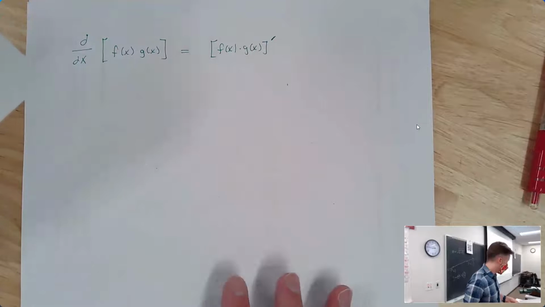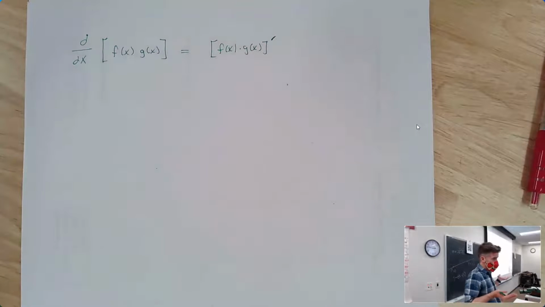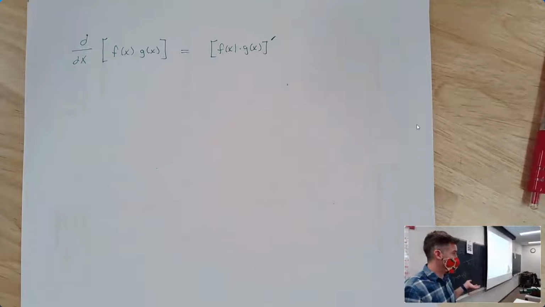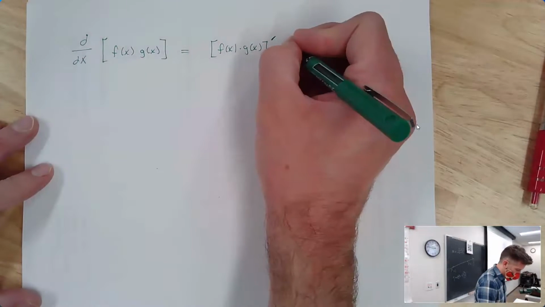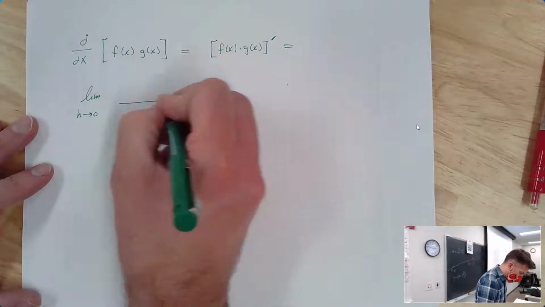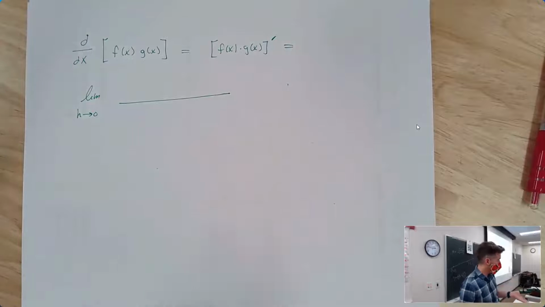Okay. So when we want to find the derivative of something and we don't know how to do it, we typically go back to the limit definition of the derivative. So I'm going to say, well, the derivative of this is going to be the limit as h goes to 0 of the thing of x plus h minus the thing of x.